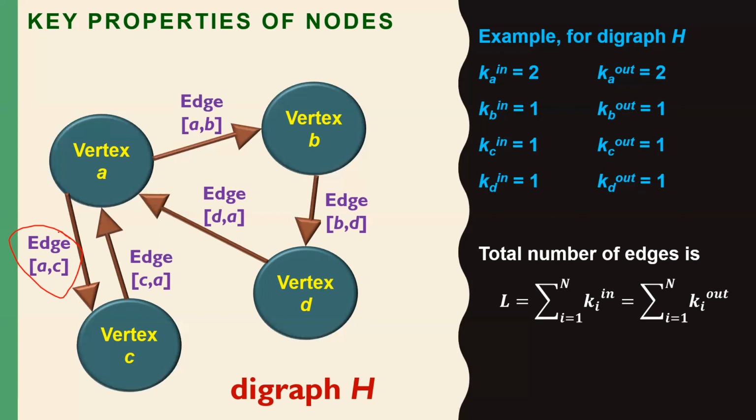And if I count the outgoing degrees of all of the vertices, the edge AC will also be counted only once. So it suffices to just take the sum of either the incoming or the outgoing degrees. Or if you want to involve really the incoming and the outgoing degrees, you can take one half of the sum of the incoming and the outgoing degrees. So basically, it's one half the summation of the total degrees.